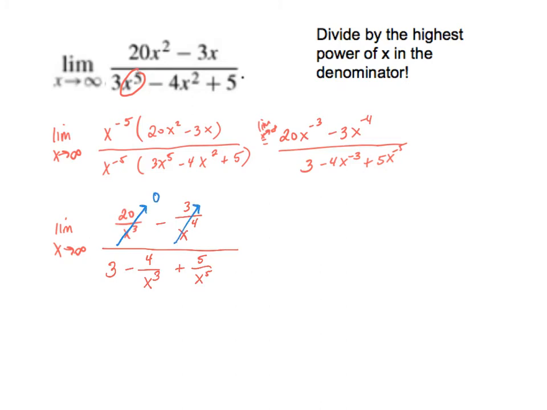So every single term in this complex fraction that is written as a fraction with x in the denominator is going to zero out, because the denominator is growing so fast and that number up top is minuscule in respect to that. So the result simplifies here to 0 over 3. Well, that's 0. Therefore, if we look at the far right-hand side of the graph's behavior, this rational function must be approaching the value of 0.